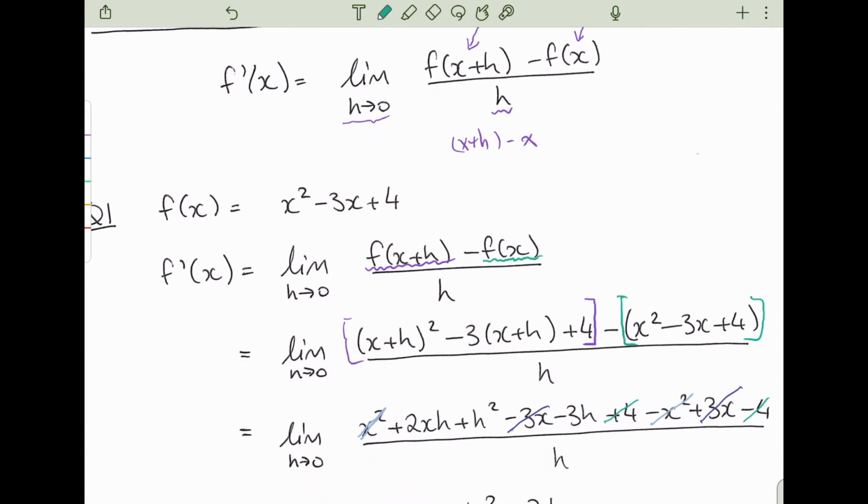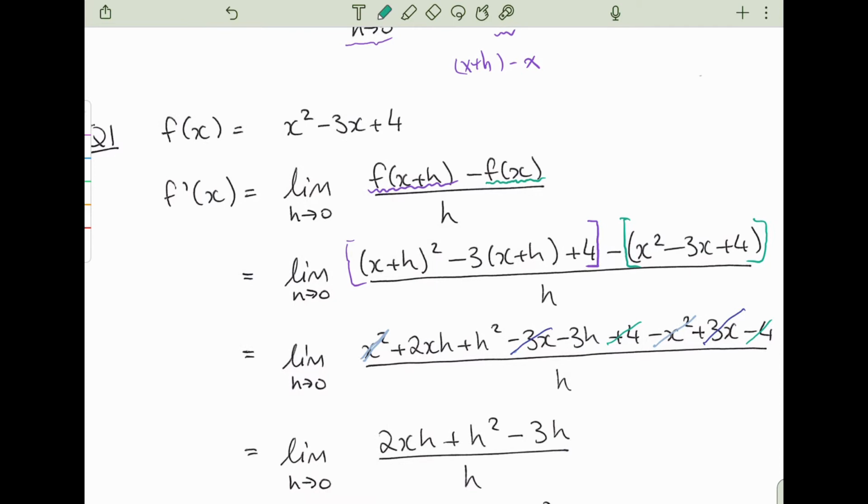After that, we come to this step. We are left with 2xh plus h squared minus 3h on the top.